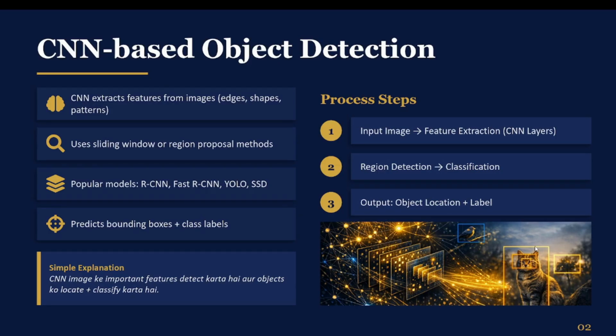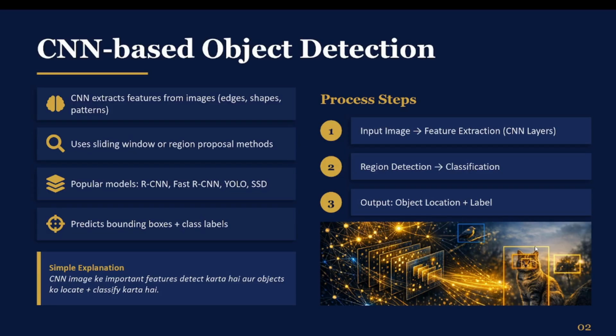In the more efficient region proposal approach used by models like RCNN, the algorithm first suggests a set of candidate regions in the image that are likely to contain objects. And then the CNN only processes those specific regions rather than scanning the entire image.